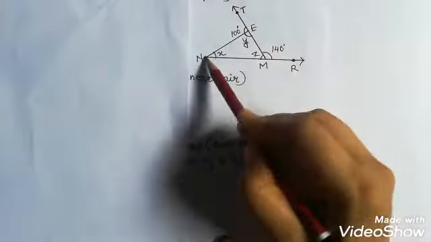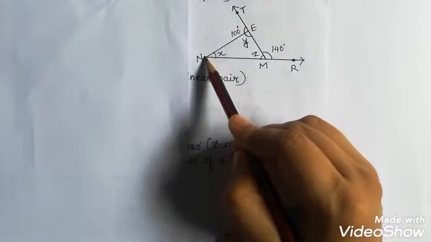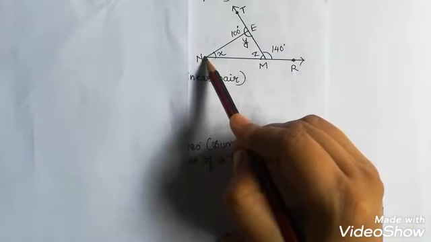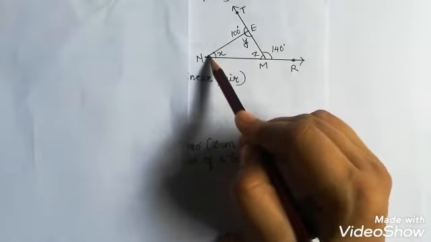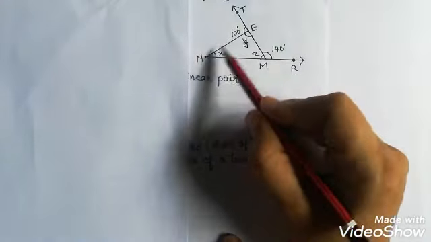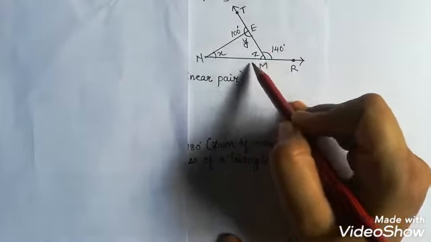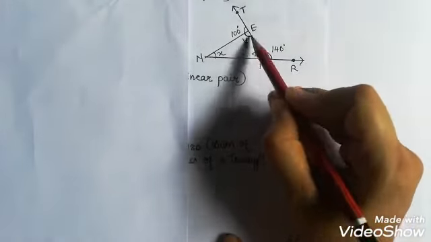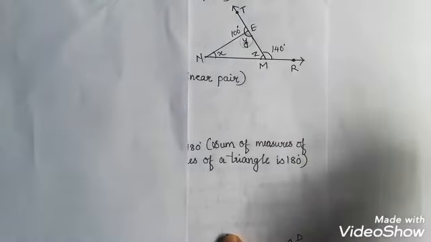Angle TEN is given to us as 100 degrees, yes or no? So now, angle TEN is 100 degrees, and angle NEM I have to find, that is why I have to find it out.